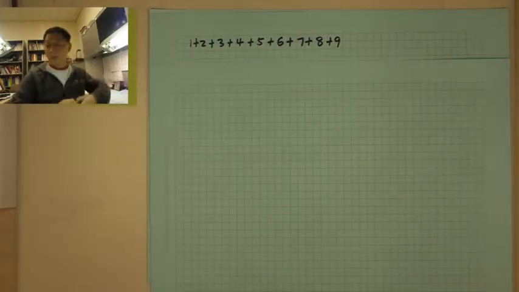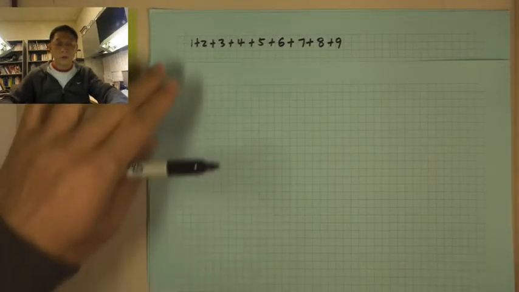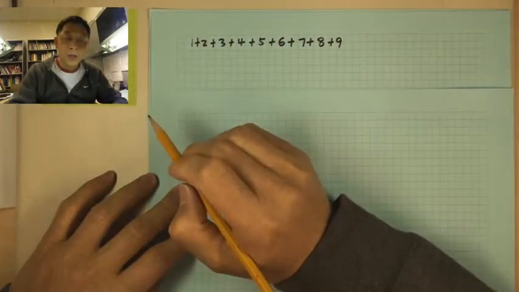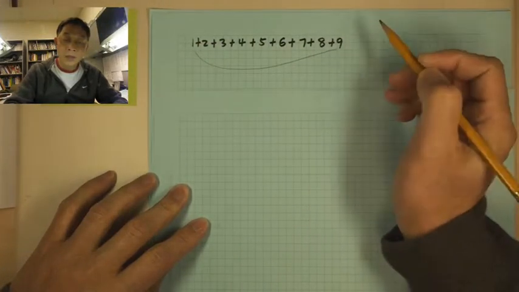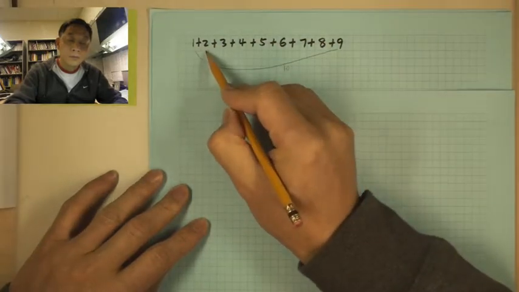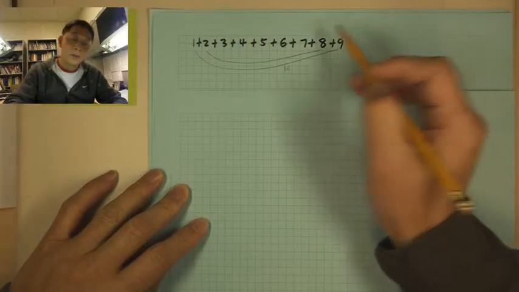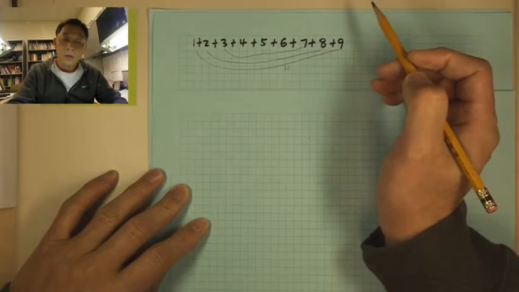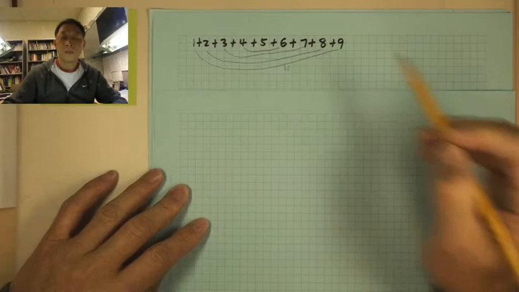This is the observation. 1 plus 9 is 10. 2 plus 8 is also 10. 3 plus 7 is 10. 4 plus 6 is 10.